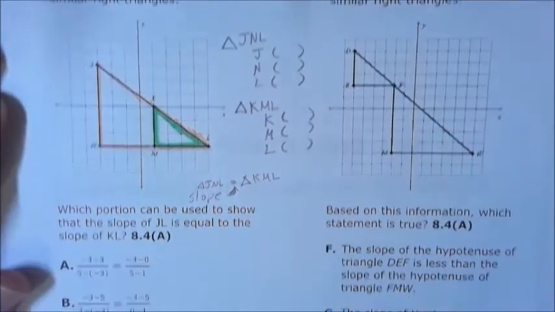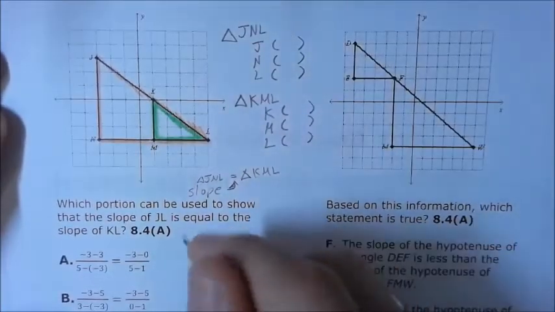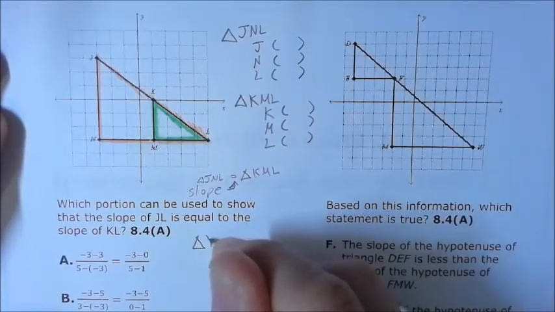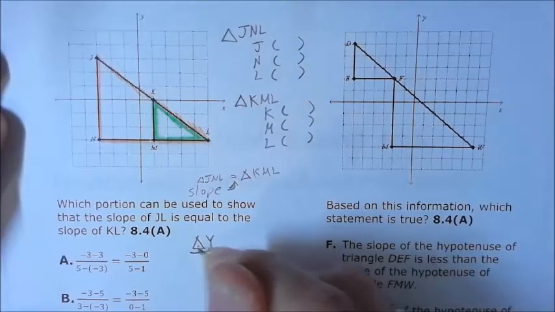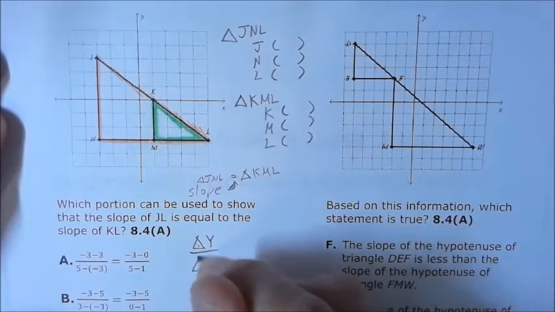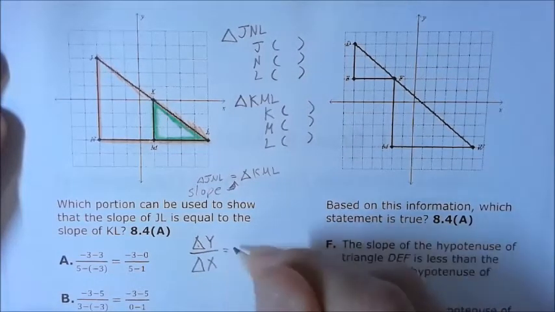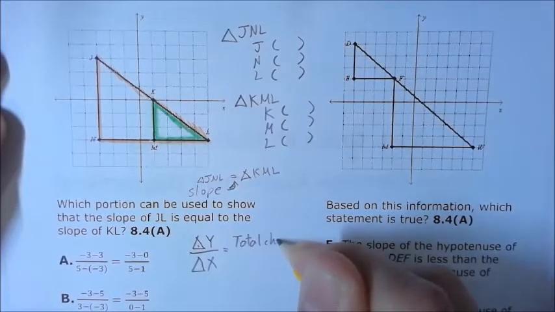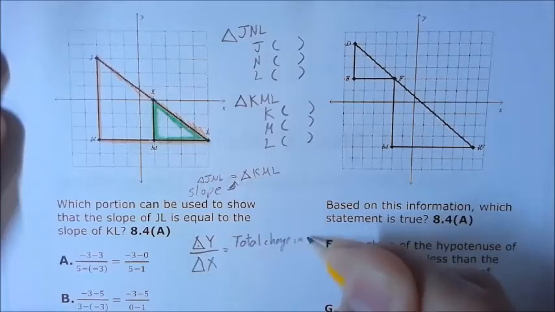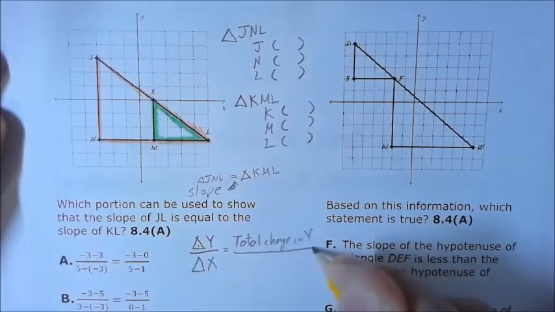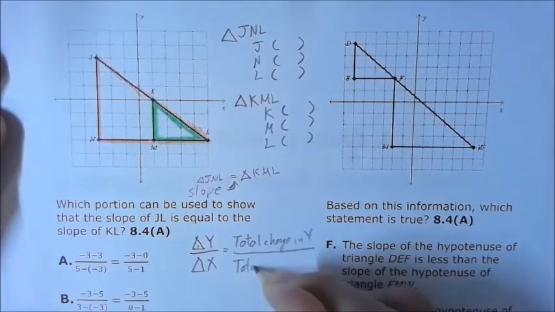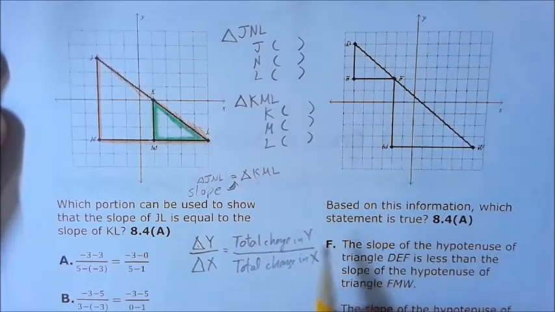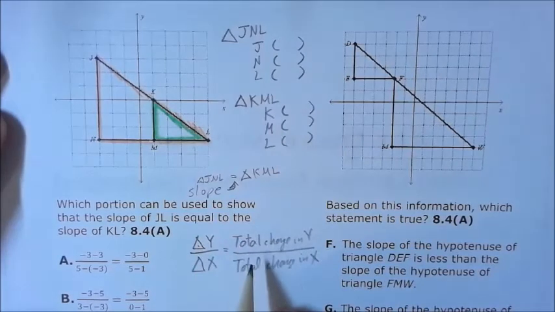Keep in mind that as we're looking for these, we're trying to set up a proportion that represents the total change in Y. Remember, that's just our delta symbol. That means total change in Y over our total change in X, and we can write that out as we had written on our anchor chart: total change in y over total change in x.